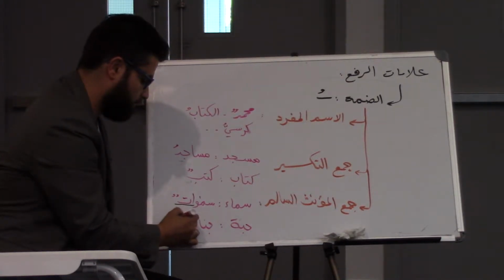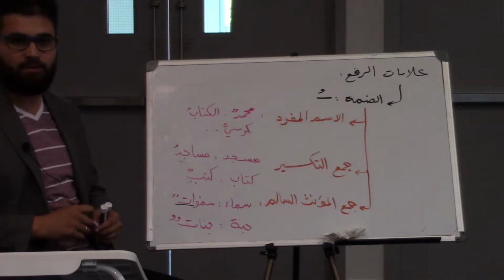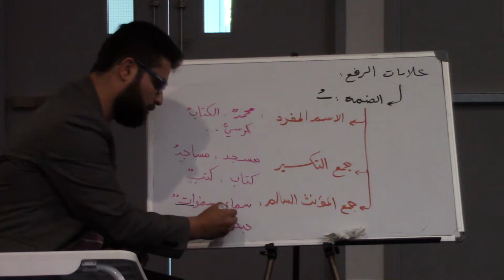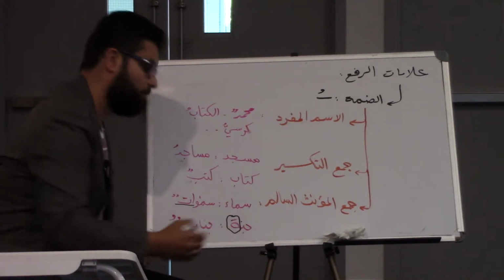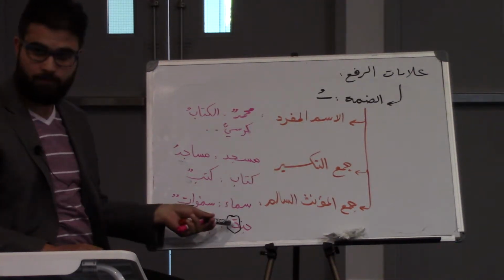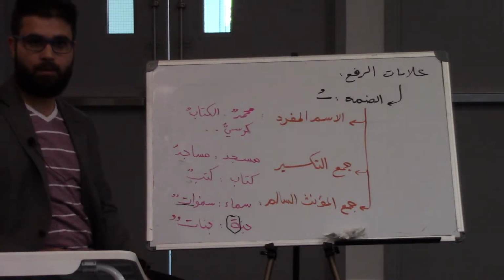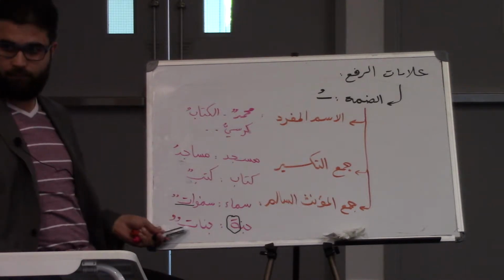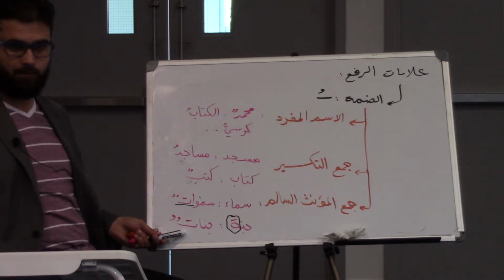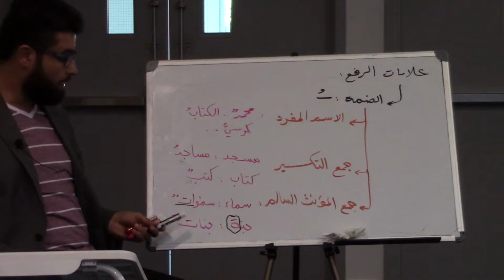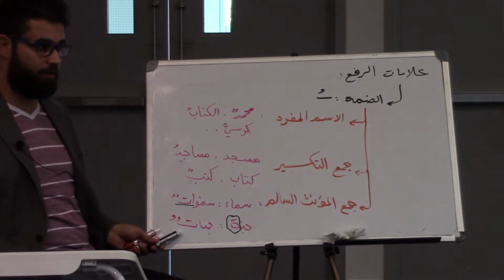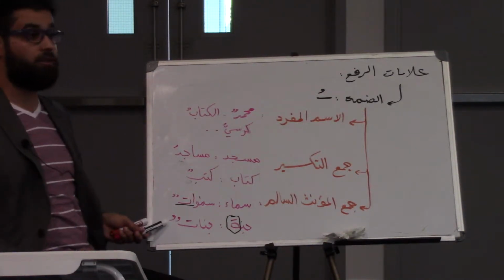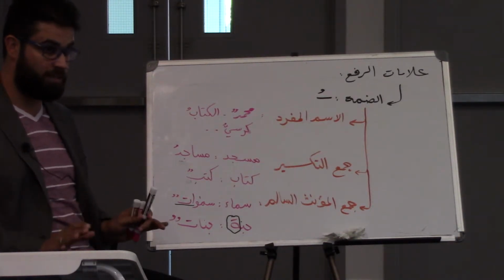A way to know sometimes if this word is going to be given a sound feminine plural is if there's a ta' marbuta at the end of it. If you see a ta' marbuta at the end of a singular noun, then the plural most likely is going to be in the form of a sound feminine plural, jannat, right? So that's how it is. And the marker of the status of rafi' for a sound feminine plural is dhamma. So that's what we established right now.